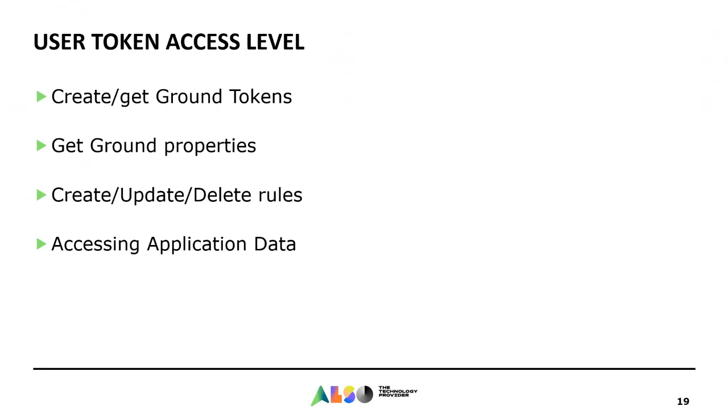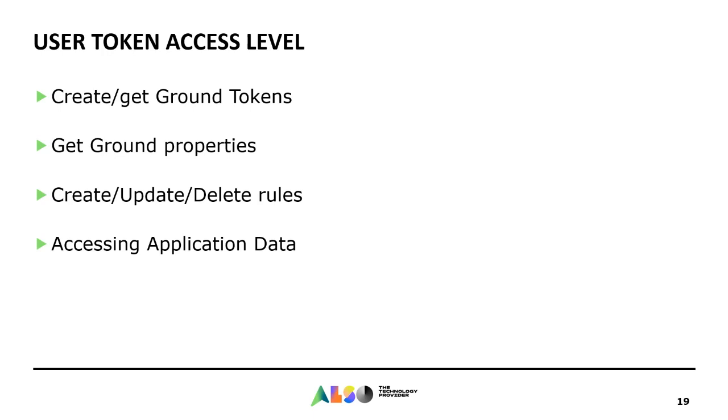A user token, that's just a random string. For what can I use the user token? Well, you can create ground tokens for that. And a ground token, you will see later on, can be used to get all the devices in your ground. Like I said, you have a ground. In that ground, you have your devices, and all the devices contain assets.